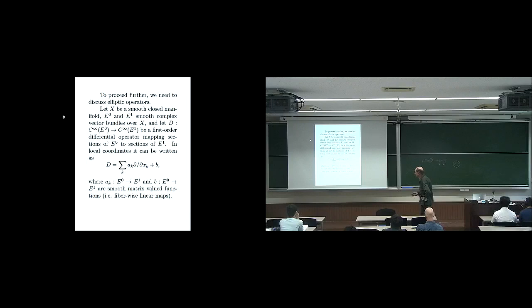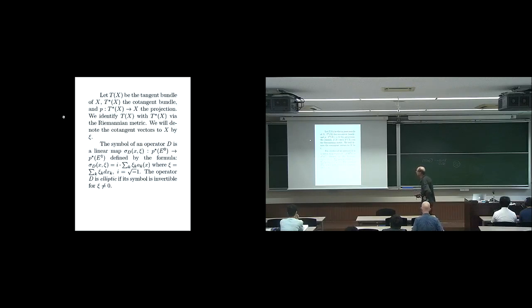So these are very easily describable operators, but let's look at what we can do in general. As Nigel Hickson said, we would need to consider symbols, and symbols are defined on cotangent bundles.